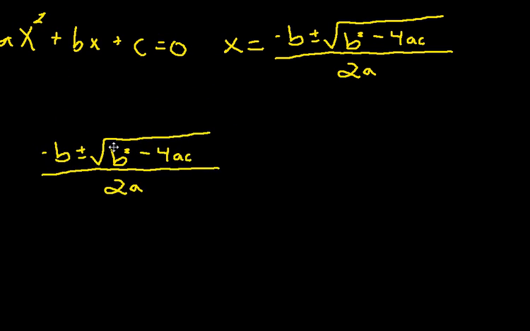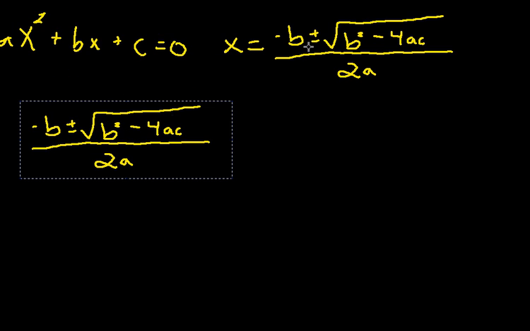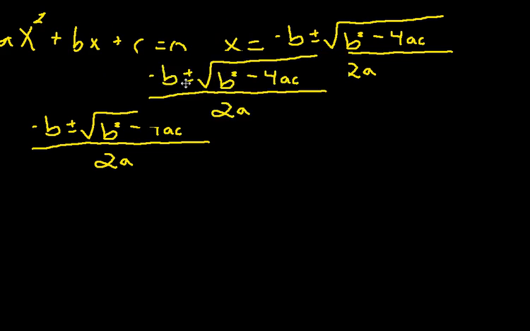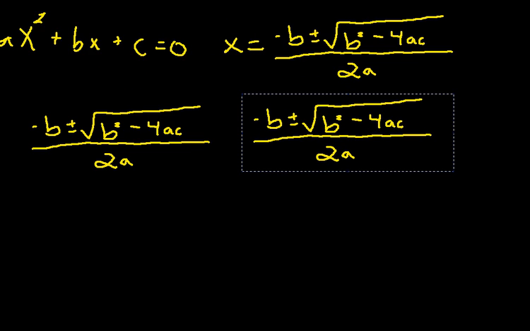Okay, so that's one. We're going to add these together, and then add to it the counterpart over here. One of them is going to be plus and the other is going to be minus.